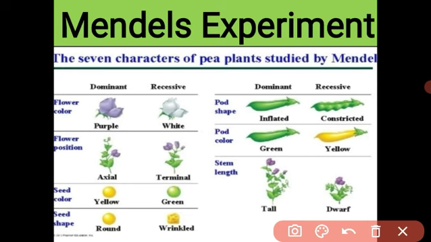Mendel took varieties of pea plant and performed so many experiments, and after concluding these experiments, he proved the theory of genetics.